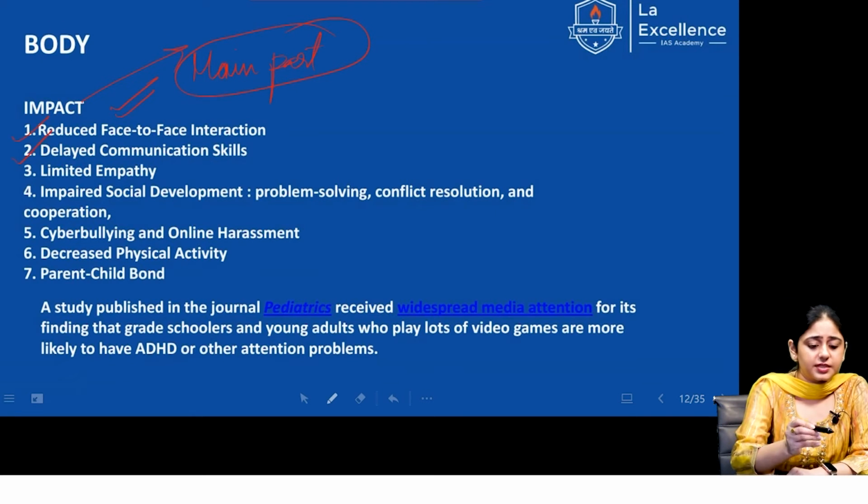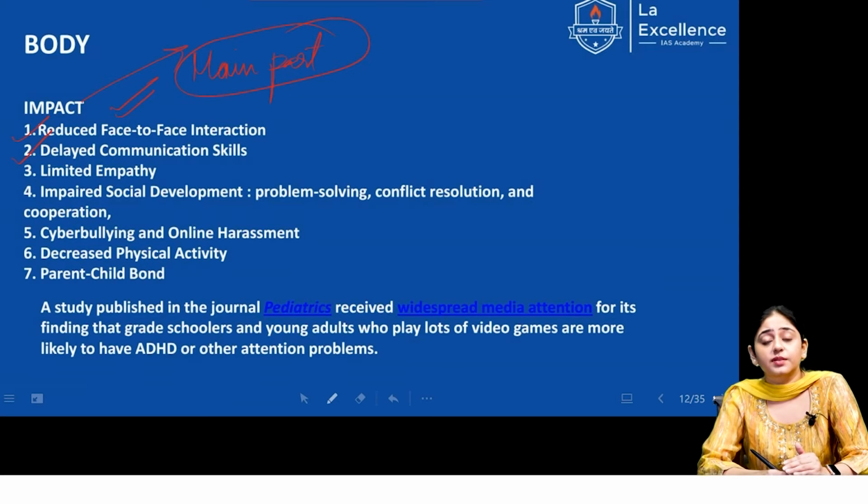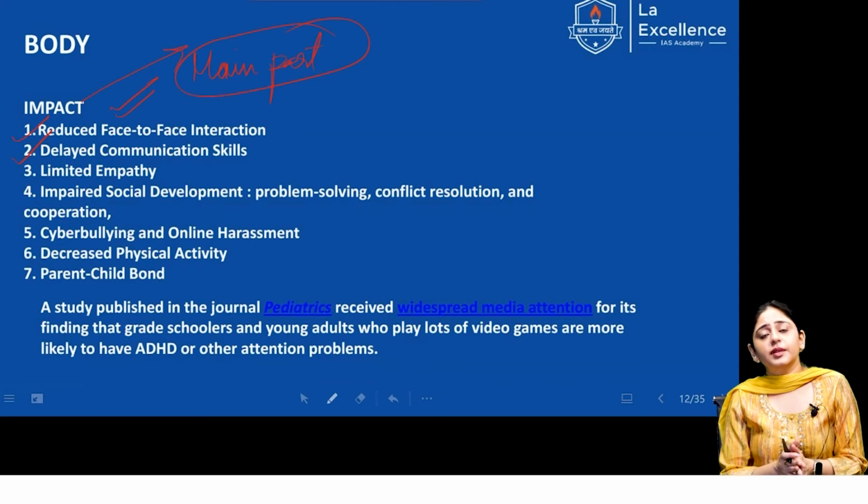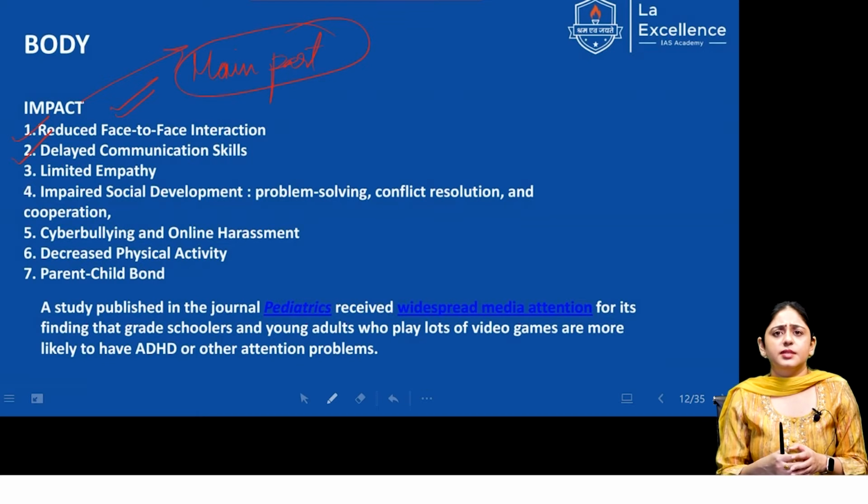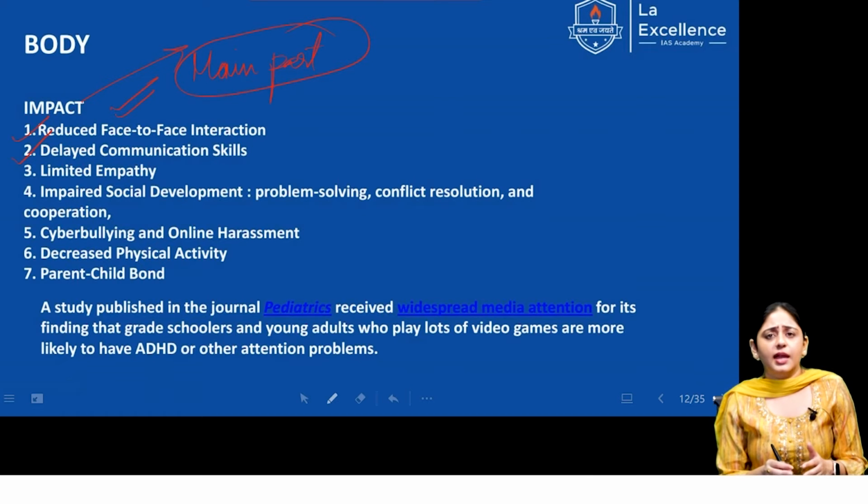And because of this, especially in small children, there are delayed communication skills. If you see in previous times, what used to happen? First of all, they were living in joint families. So there are grandparents, aunts, uncles. There are huge families, at least 7-10 people, and if there is a small child, everybody is trying to interact with the small child, right?